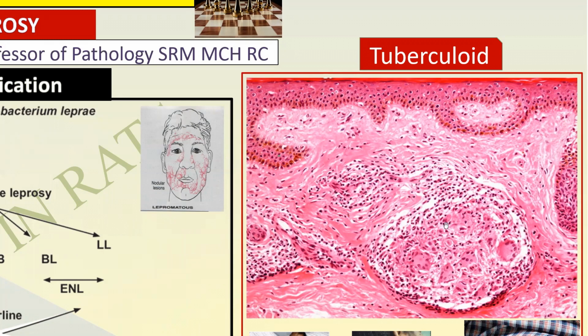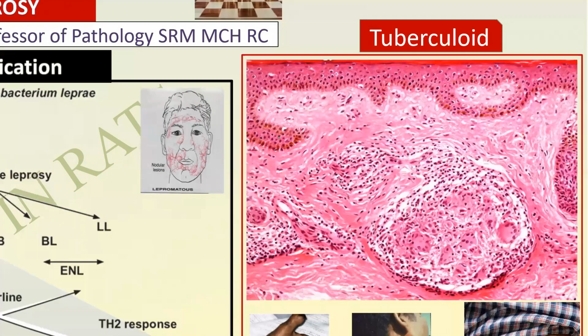These components, the epithelioid cells, the giant cells, and the lymphocytes, are rimmed off by a network of fibroblasts. The intervening dermis is unaffected. Mostly these granulomata are periappendageal, around the sweat glands or the hair follicles. That is why you have absence of sweating or loss of the hair follicles.